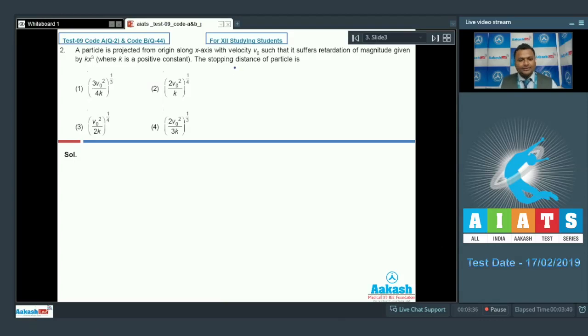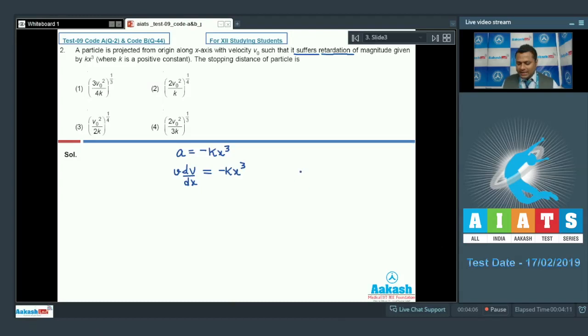Now, as it is already mentioned in the question that the particle is suffering retardation, we can have the expression a equals minus kx cubed. Now we have to calculate the distance covered by the particle before being stopped. So we can write a as v times dv by dx equals minus kx cubed.